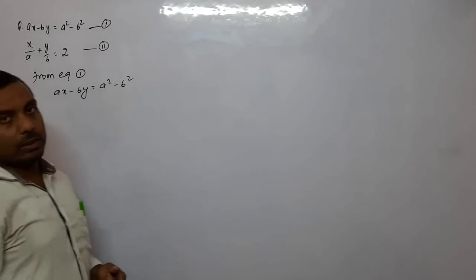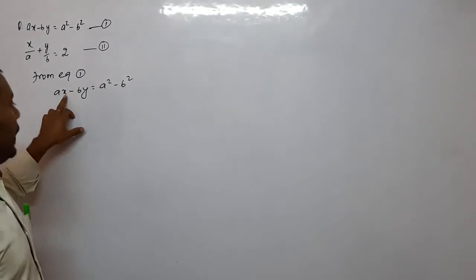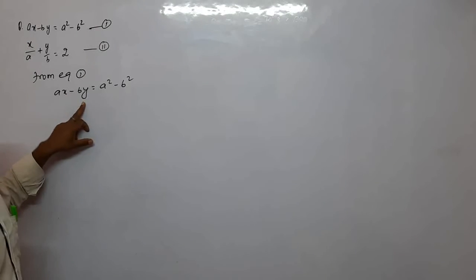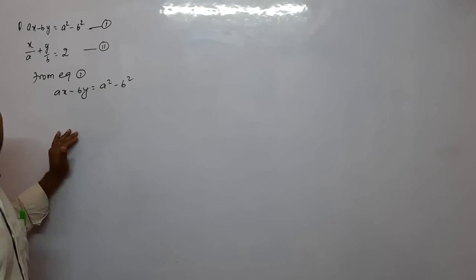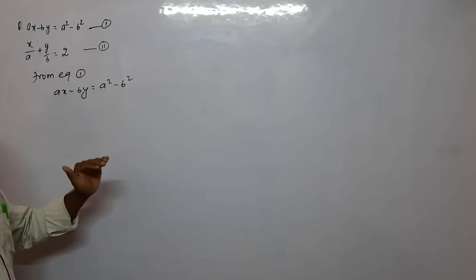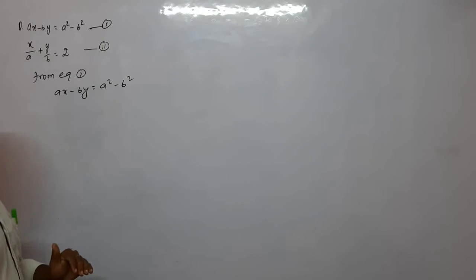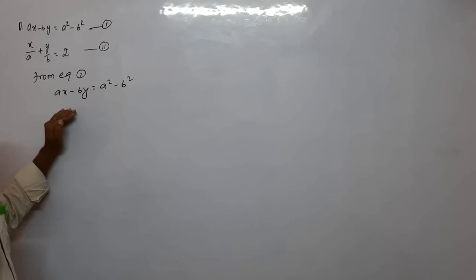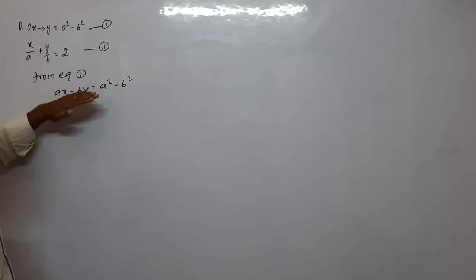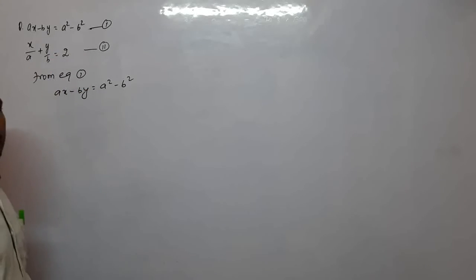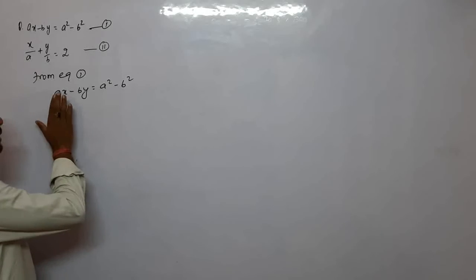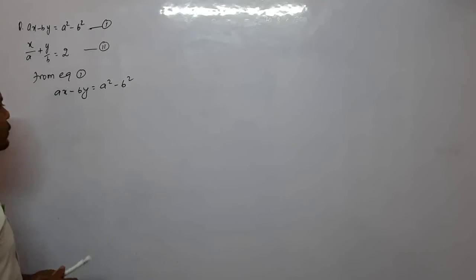Just find either the value of x or the value of y from this equation, and the value that you obtain on solving this, just substitute that value in equation number 2. Suppose I take the value of x over here.